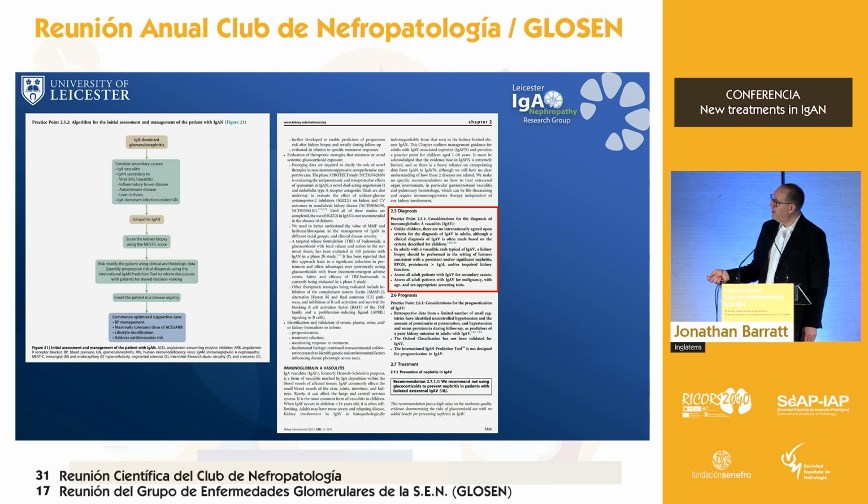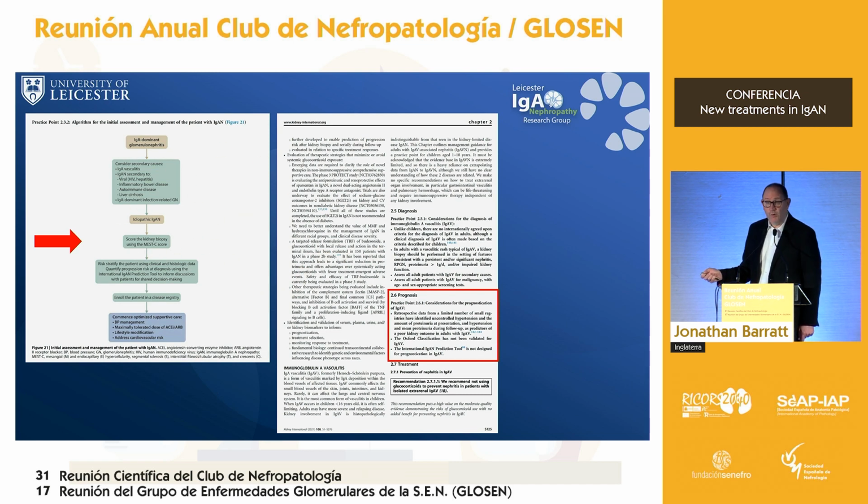So this is the paradigm for IgA nephropathy: making a diagnosis, scoring with the MEST score, risk stratifying, and then entering into a registry and looking on. And that's very clear in terms of IgA nephropathy, but in IgA vasculitis, the MEST score had not been validated. I know a lot of people use it, but we had no data.